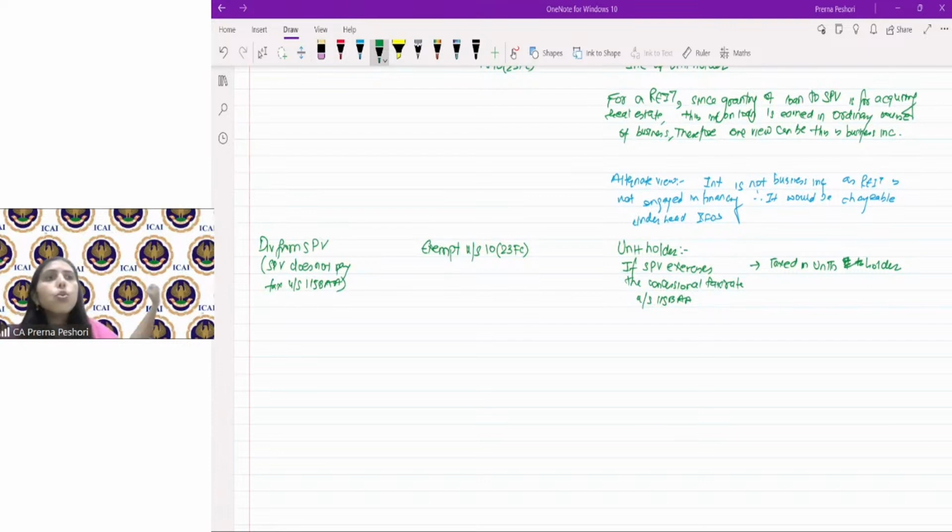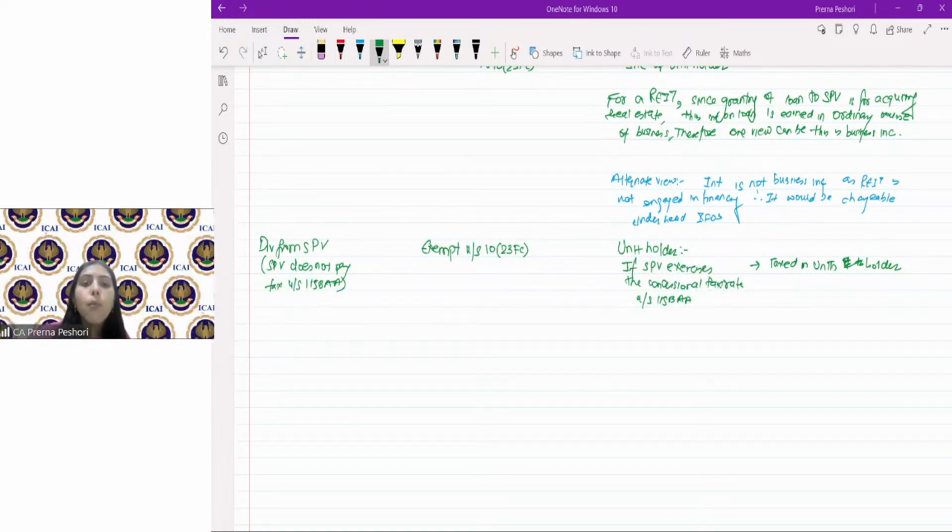You don't need to go to any other head of income to see whether dividend will fall there. For interest, section 56 says if it is not chargeable under other heads, you first test whether it is chargeable under other heads. If yes, you don't come to income from other sources. But for dividend, it says dividends are specifically chargeable under income from other sources. So you don't need to test under any other head.